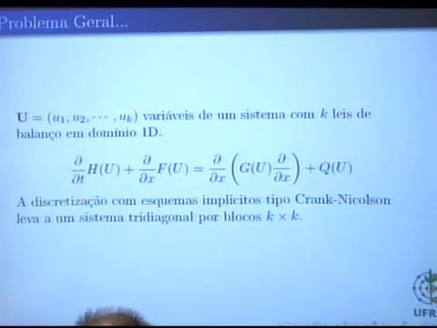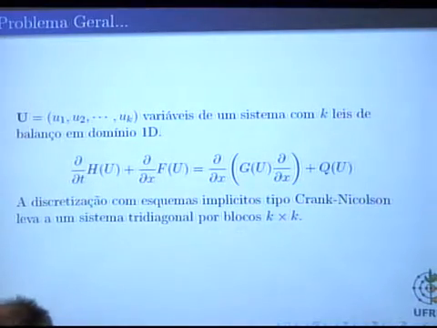You can use Crank-Nicolson discretizations to solve this implicitly using a Newton method to solve the nonlinear system. Usually with this discretization you get a system that is tridiagonal by blocks. It's a block tridiagonal with k per k blocks.